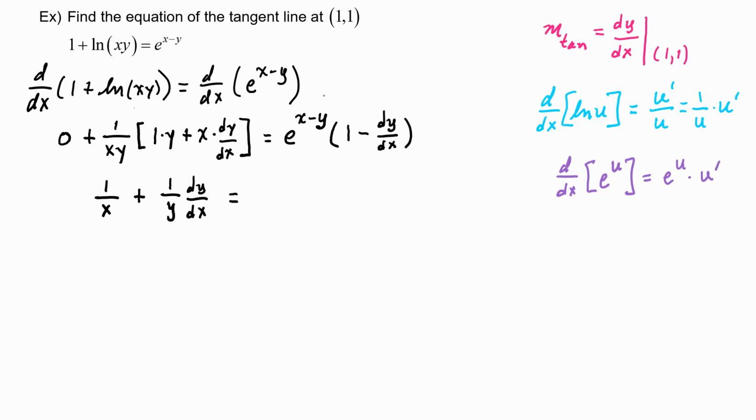On the right-hand side, we have to distribute this e to the x minus y. So we take that times 1, we get e to the x minus y, and then we take it times a minus dy/dx, so we subtract e to the x minus y dy/dx.